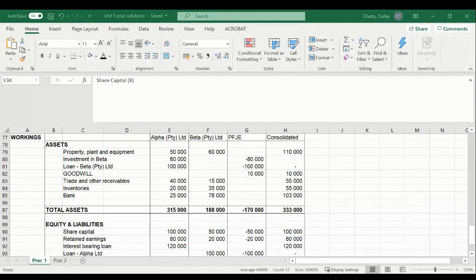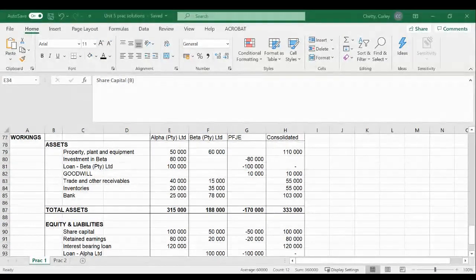But remember, we eliminated this investment in Beta by passing the pro forma journal entry. So in Alpha's books, yes, it would show the investment in Beta. But in the consolidated statement of financial position, this investment in Beta would not be shown.